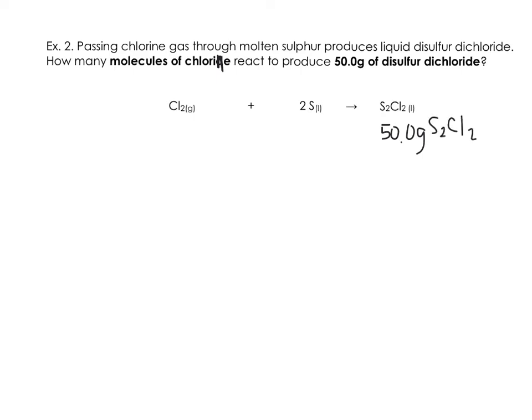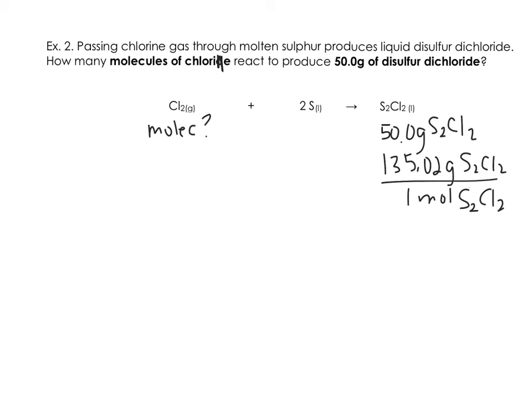So the molar mass of disulfur dichloride is 135.02 grams for every 1 mole. That's S2Cl2. Okay, so we want the number of molecules.